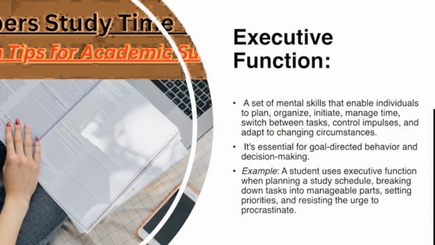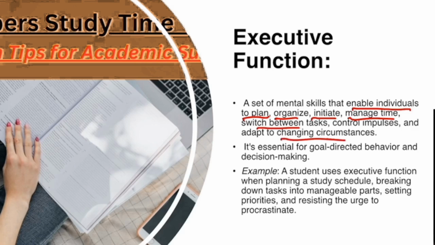Next, we will think about what is meant by executive function. This is a set of mental functions that enable individuals to plan, organize, initiate, manage time, switch between tasks, control impulses, and adapt to changing circumstances.